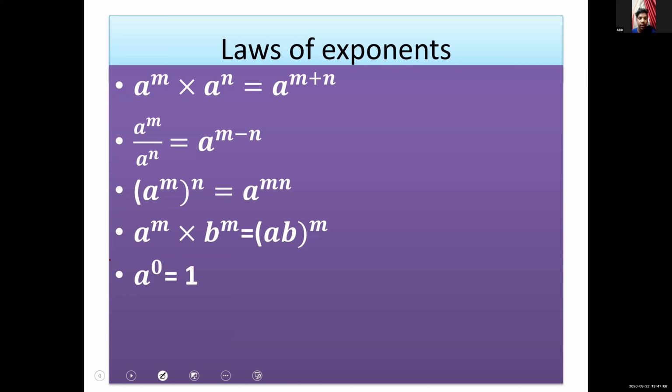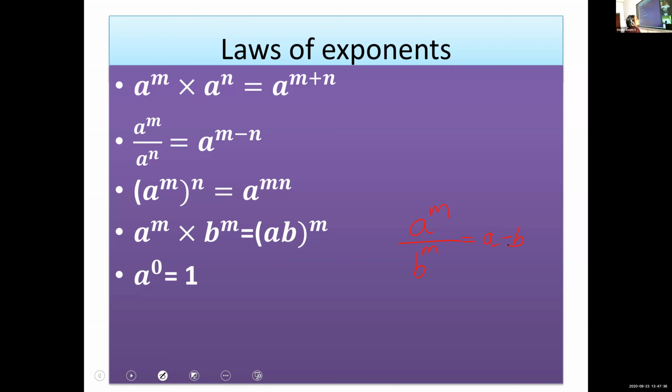Yes, tell me. A raised to m divided by b raised to m equal to what? A minus b raised to m. A minus b, from where did you get this?